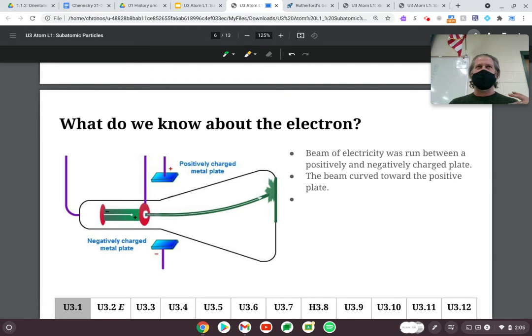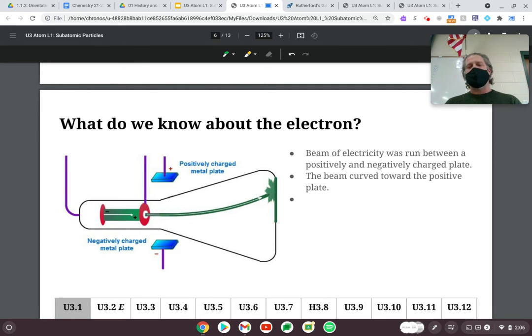There's a particle that is shot through the cathode ray tube. It becomes excited, and then when it hits the end of the cathode ray tube on that screen, it makes an image or a picture show up. In this case, the image that shows up is a green dot.